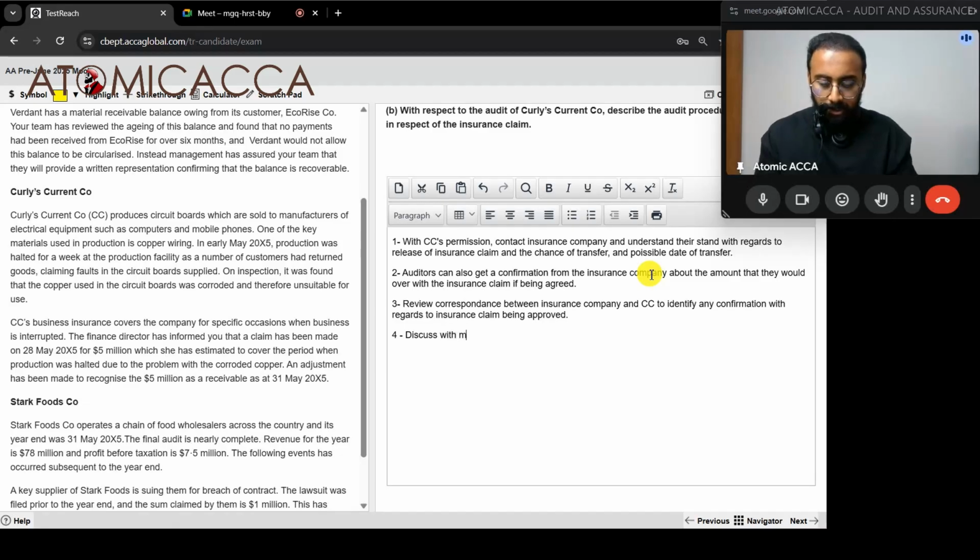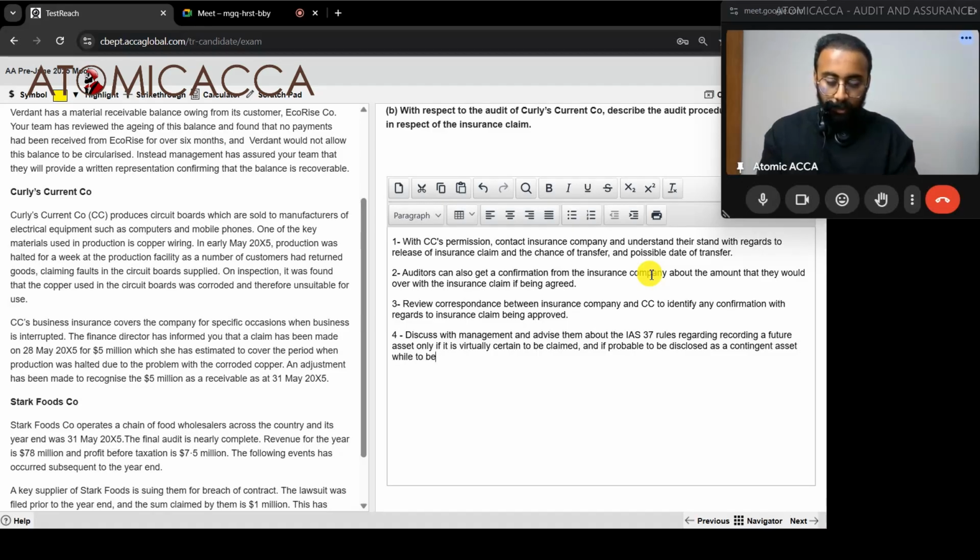Discuss with management and advise them about the IAS 37 rules regarding recording a future asset: only if it is virtually certain to be claimed; if probable, it is to be disclosed as a contingent asset, while it is to be ignored in the books if there is a possible or remote chance of the claim being approved. Cool.